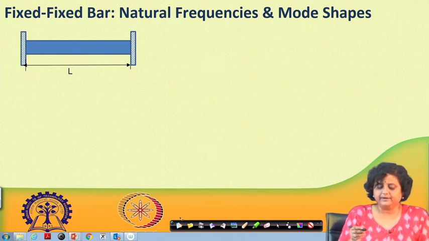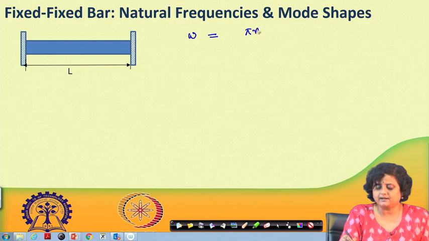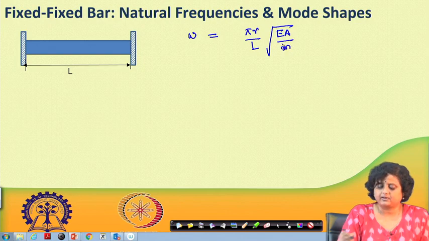Now, if beta is equal to pi r by L, then we can say that omega is equal to pi r by L into root over E by rho, and I will put a subscript r.